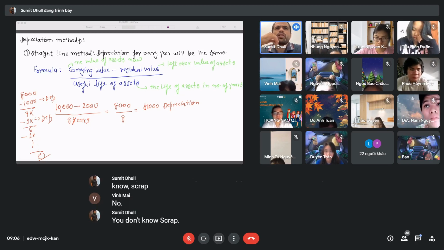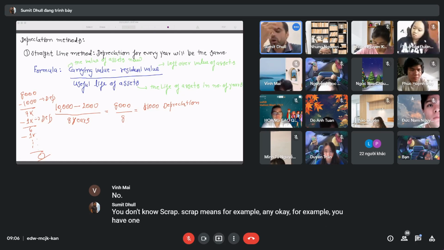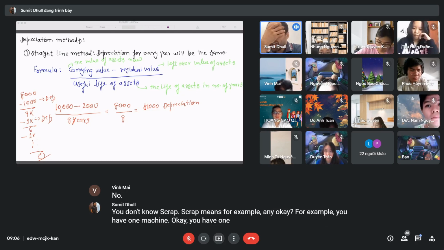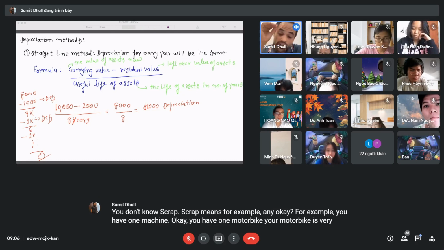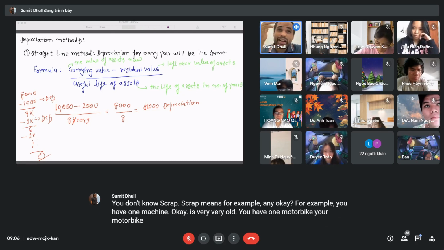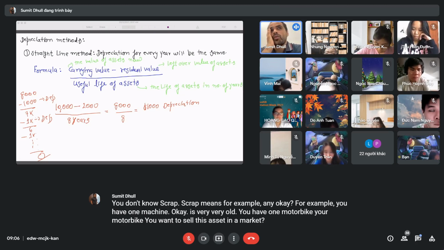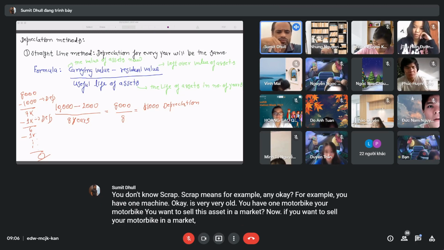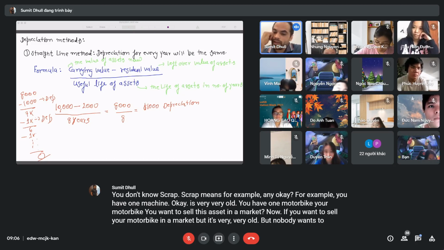Scrap means, for example, you have one machine. Okay, you have one motorbike. Your motorbike is very, very old. You want to sell this asset in the market, but nobody wants to buy your motorbike.